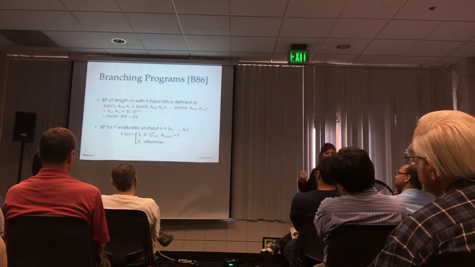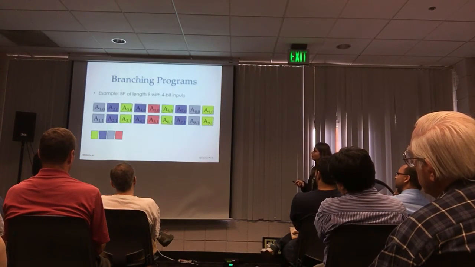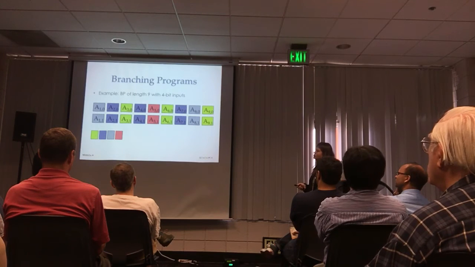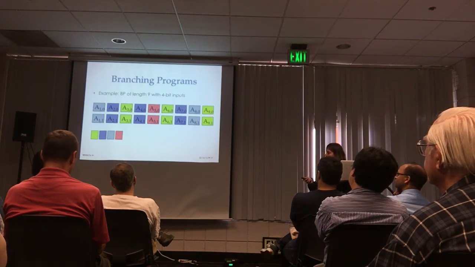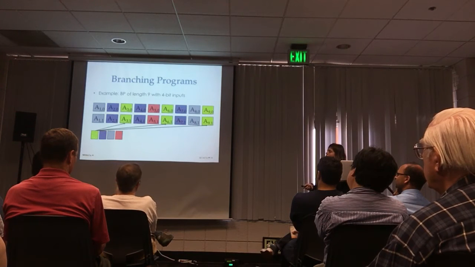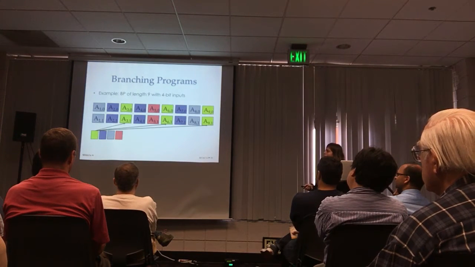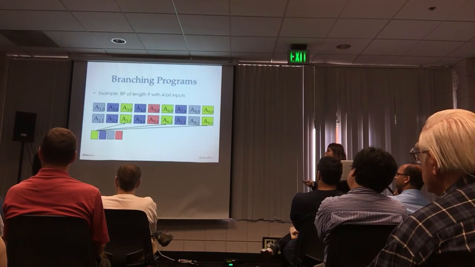Let's look at this same thing in pictures and an example, which is always much clearer. Say we have a branching program of length 9 that has 4 input bits, and we want to evaluate it. Let's say the function that maps positions in the branching program to input bits says that the first input bit determines the 3rd, the 6th, and the 9th slot.